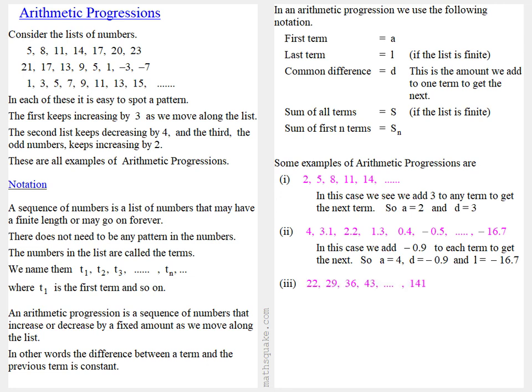In the third list we have 22, 29, 36, 43, and so on up till 141. In this case we add 7 to each term to get the next, so it is an arithmetic progression with A equal to 22, D equal to 7, and L equal to 141.